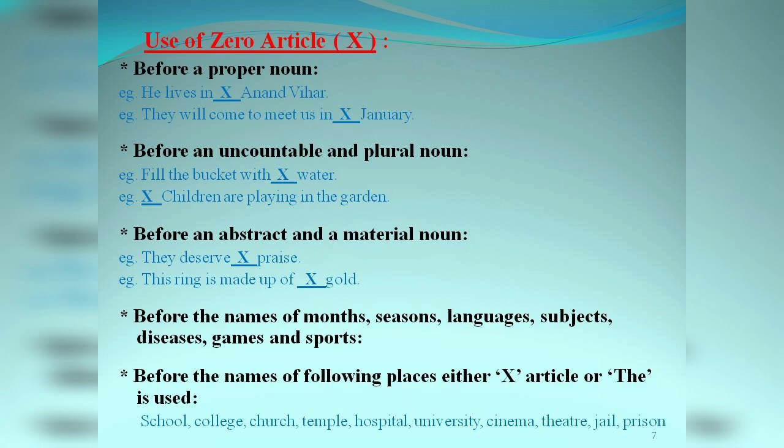If these places are visited or mentioned in a sentence for the same purpose for which they are constructed, we don't use any article. If these places are visited or mentioned for some other purpose, we must use the before them.